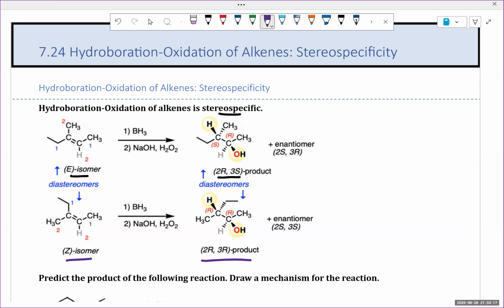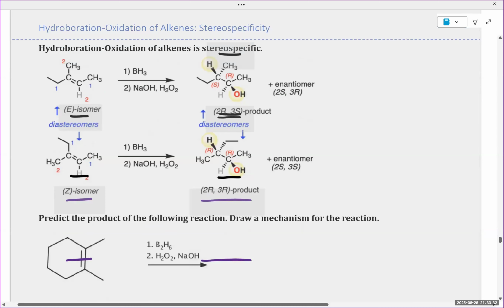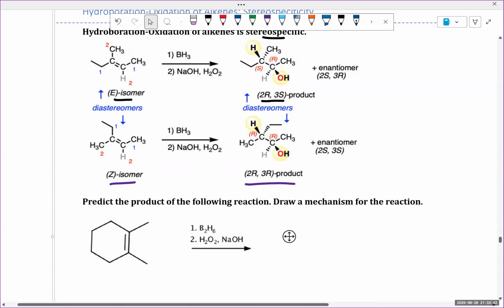As you can see, if you change the alkene stereochemistry, you change the product stereochemistry. So let's try to now apply what we've learned, and let's try to predict the product of some reactions.